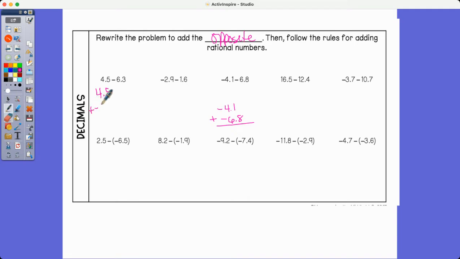Plus negative 6 and 3/10. Negative 2 and 9/10 plus negative. Okay. 16 and 5/10 plus a negative 12 and 4/10. Negative 3 and 7/10 plus a negative 10 and 7/10.